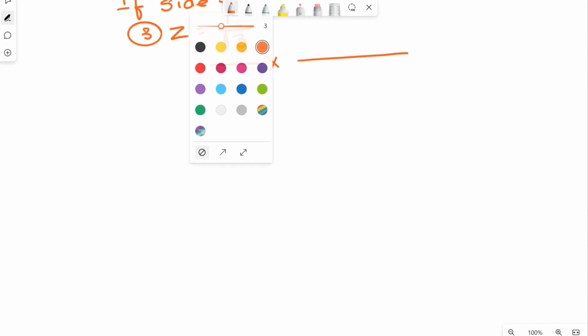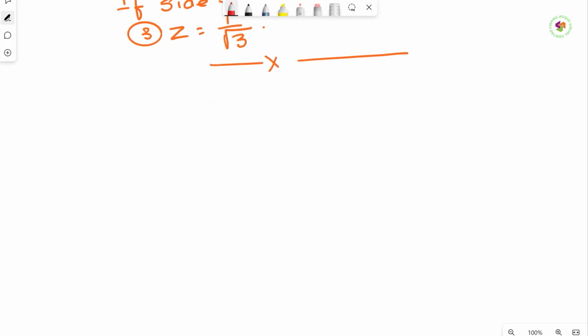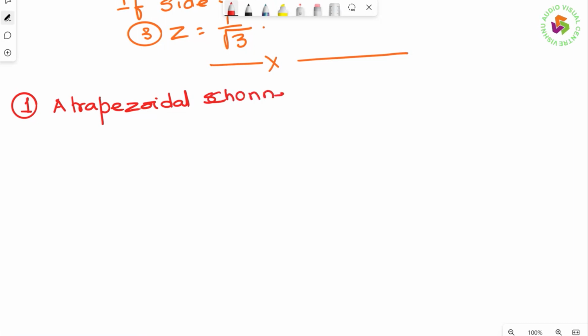What are the two problems that we will take up? Take the first problem. A trapezoidal channel has side slope 3 horizontal to 4 vertical.